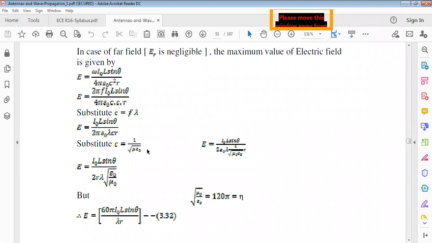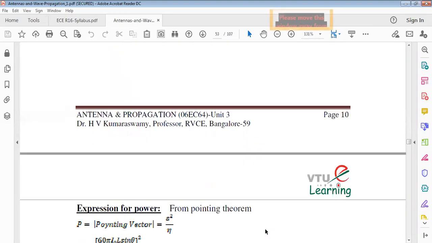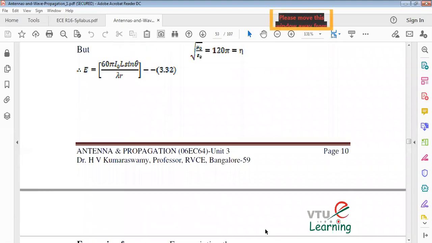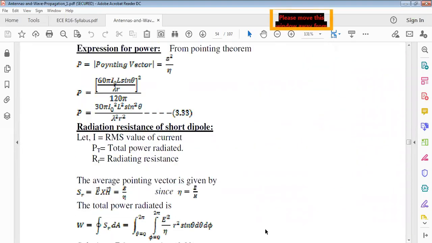We simplify all those constant values on the division. Finally we have E equal to 65 I naught L sin theta by lambda into R. That is the alternate expression for electric field E, but no need here.